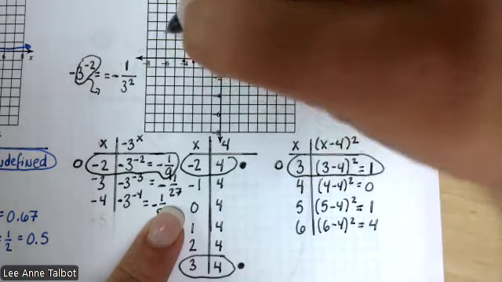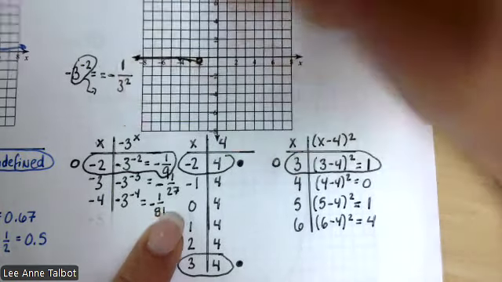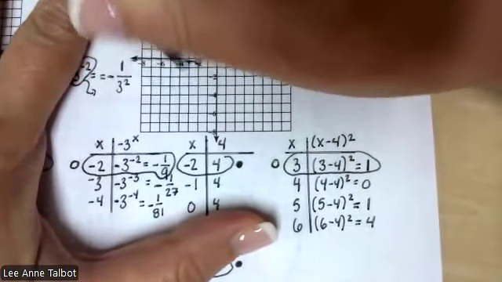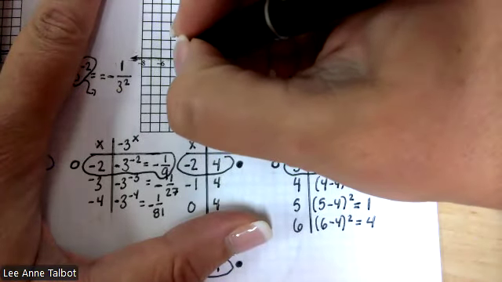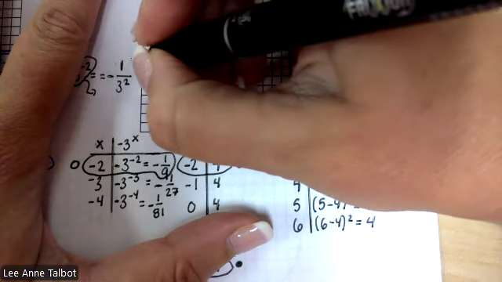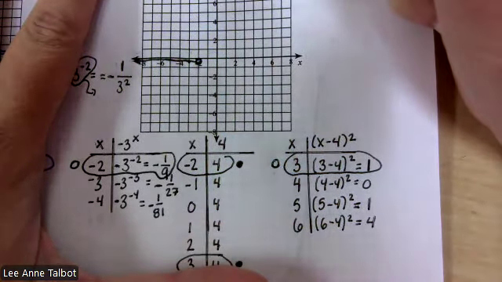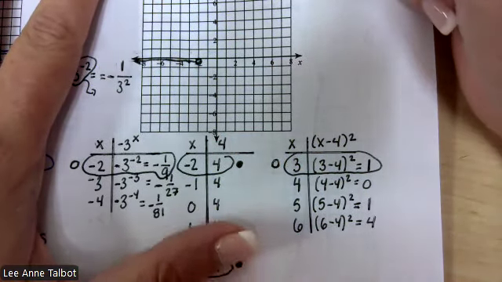Just remember it's approaching the asymptote. Oh no, I touched the asymptote. Yeah, it's getting bigger technically, but closer to 0. I still touch the asymptote.